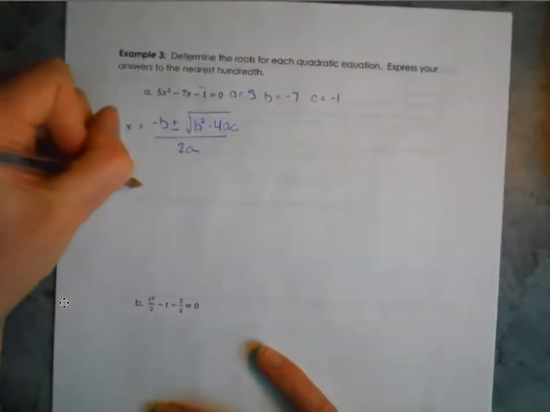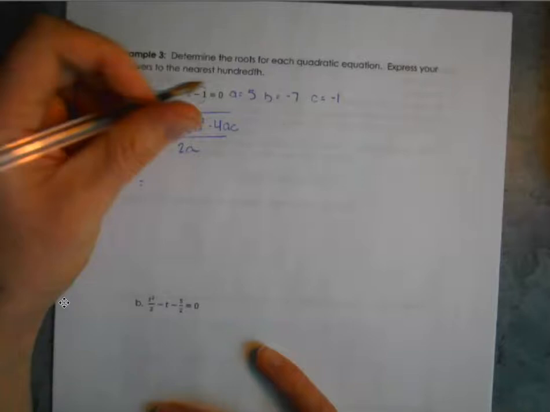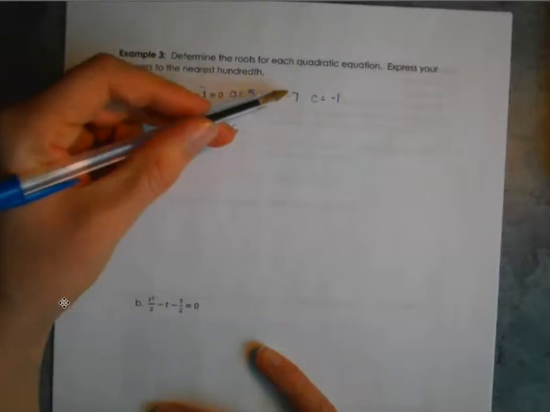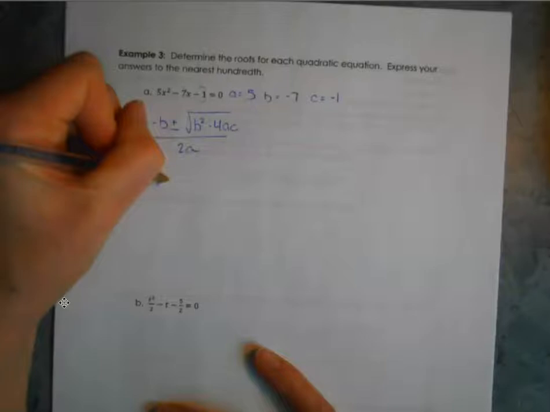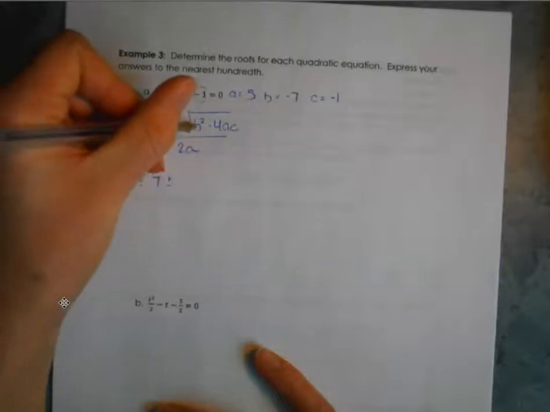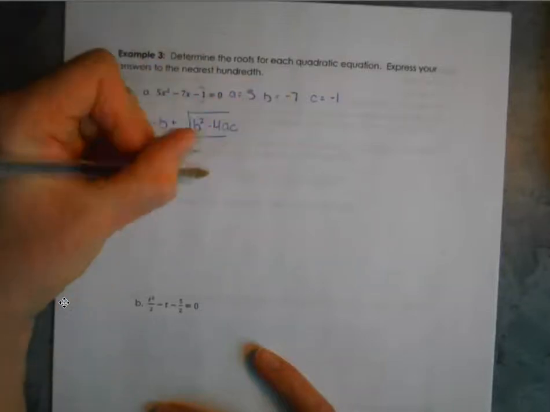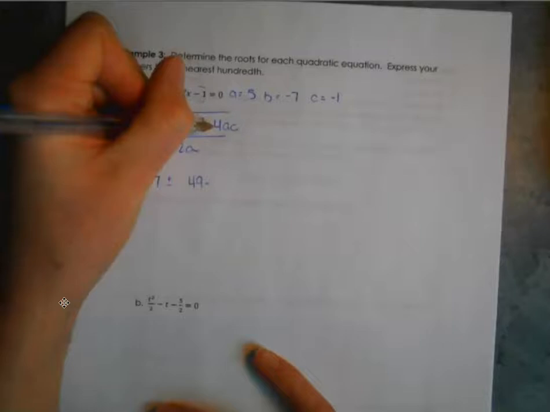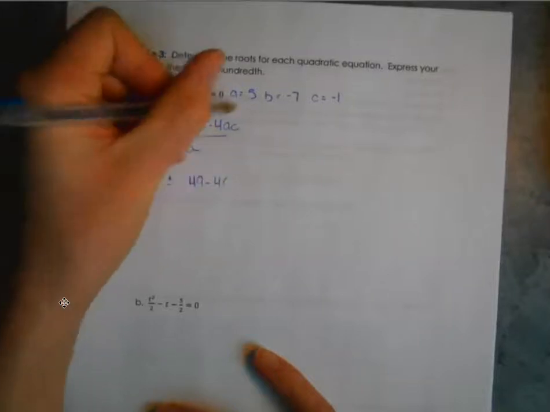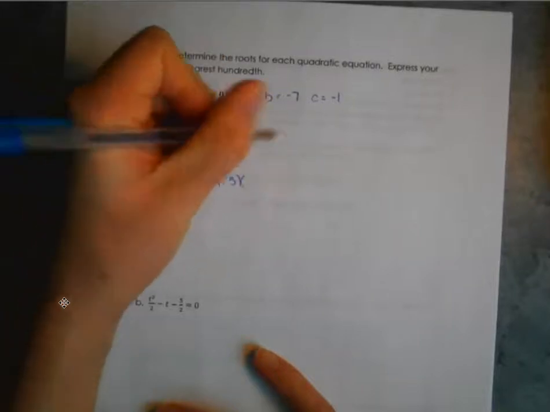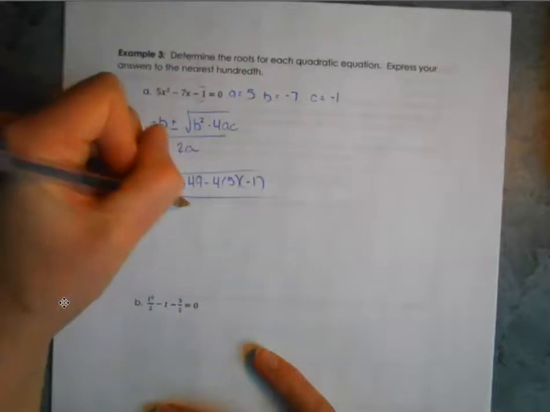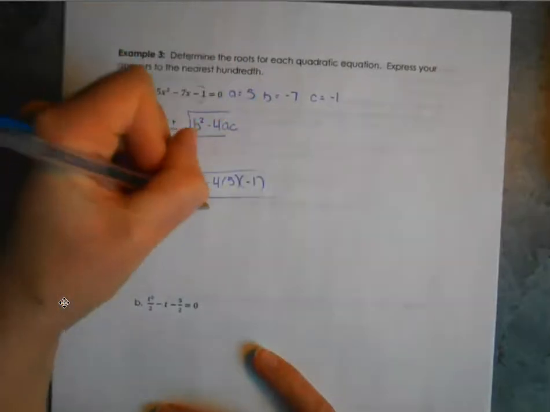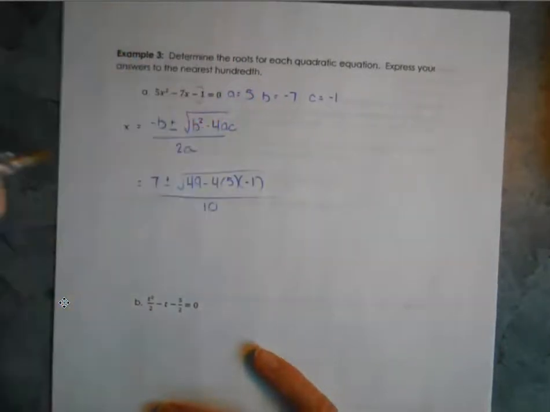Okay, so plugging in those numbers, -b, so if b is already a negative value, you're multiplying it by a negative to make it positive. So we end up with 7 plus or minus the square root of b squared. So -7 squared is going to be 49 minus 4 times 5 times -1. Square root that and divide it by 2 times a, which is 5, so that's going to give us 10.